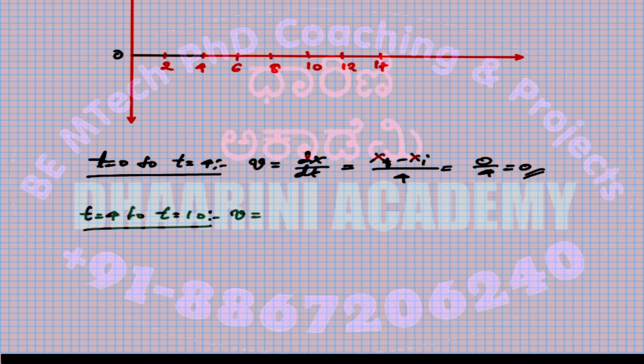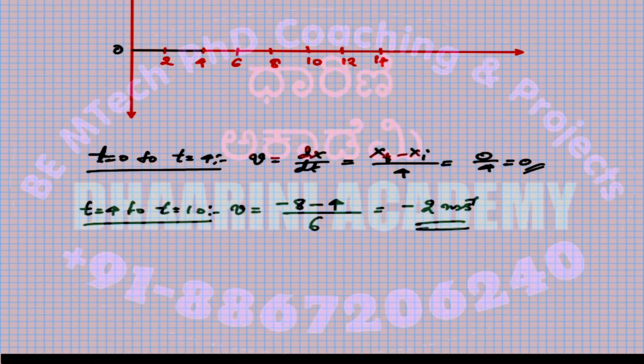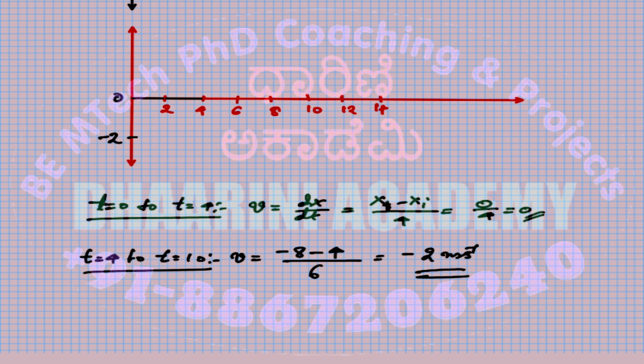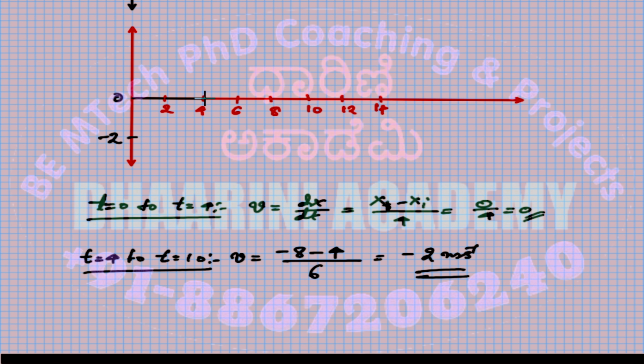Final value is minus 8, initial value is 4, right? Whole divided by the difference, that is 10 minus 4, which is equal to 6. So this is minus 2 meter per second. So it's a constant value of minus 2. So I have to plot a constant value of, say, minus 2. It has to be minus 2 from this point. It actually goes till 10.